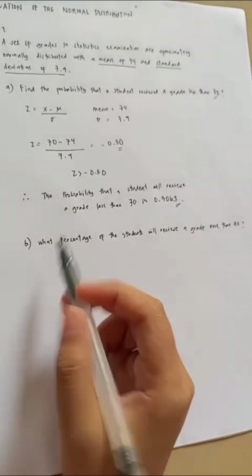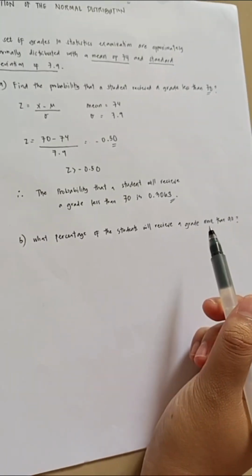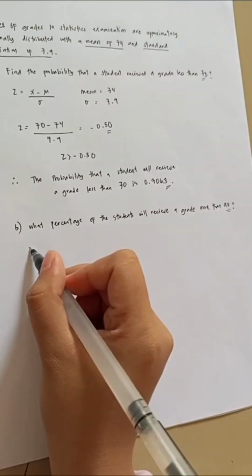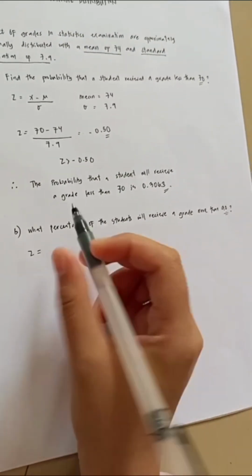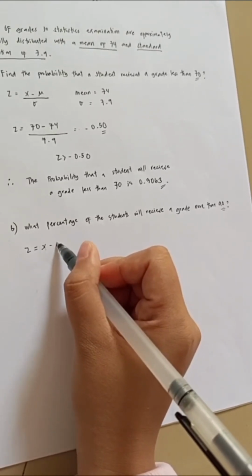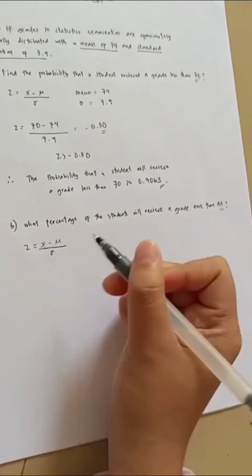So letter B, what percentage of the students will receive a grade more than 90? So we assume that 90 is our X. So still by using the z-score formula, we will get the percentage of the students.